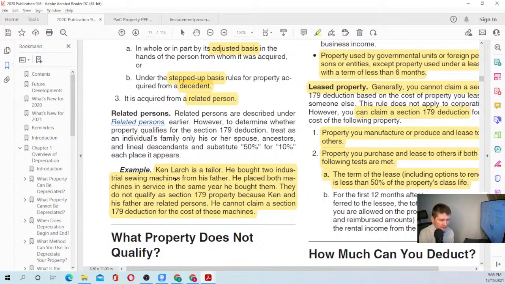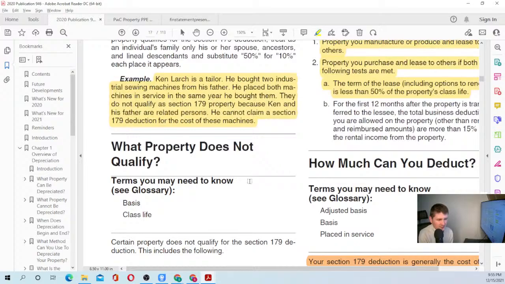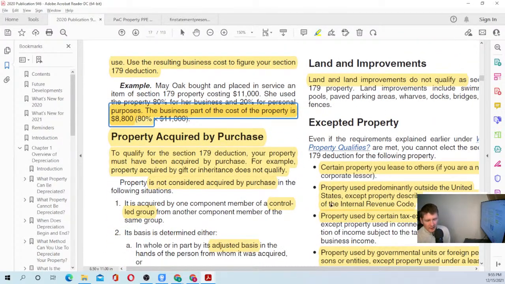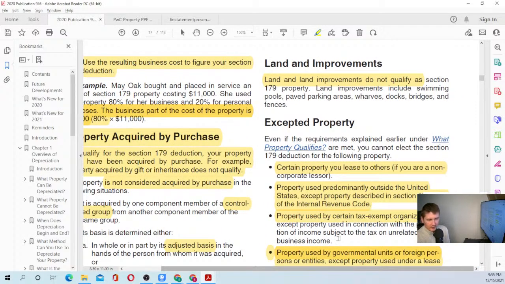And here is an example: a tailor bought 2 industrial sewing machines from his father. They do not qualify for 179 because Ken and his father are related parties. Again, land and improvements to the land do not qualify.